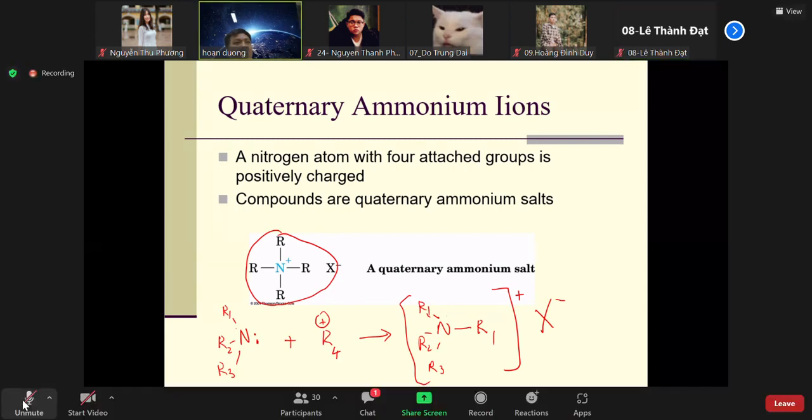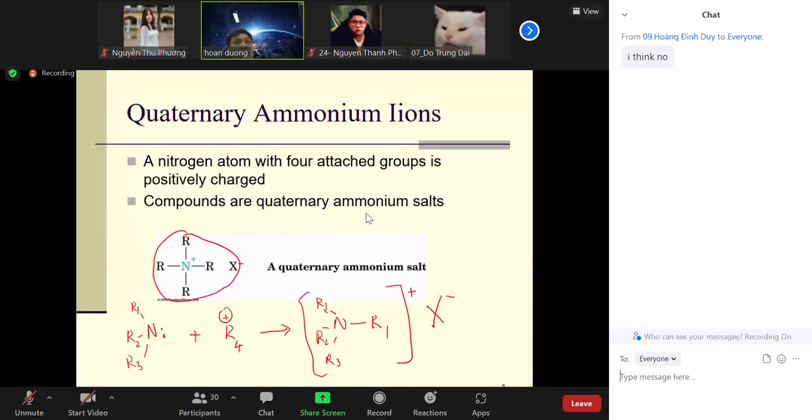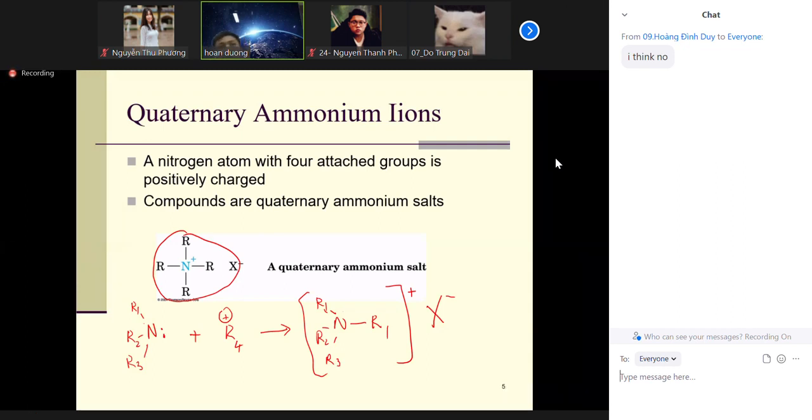So we still have both properties of amine you learned before, basicity and nucleophilic properties. All right, I want to get a different answer.